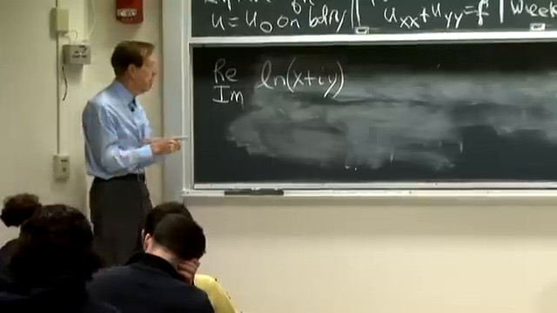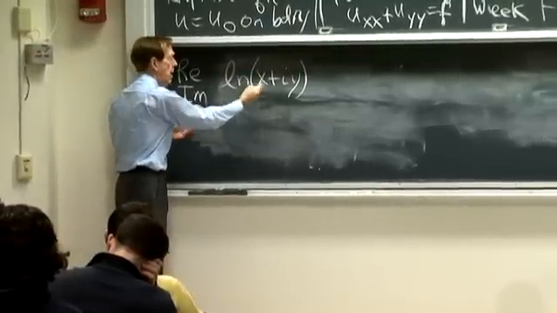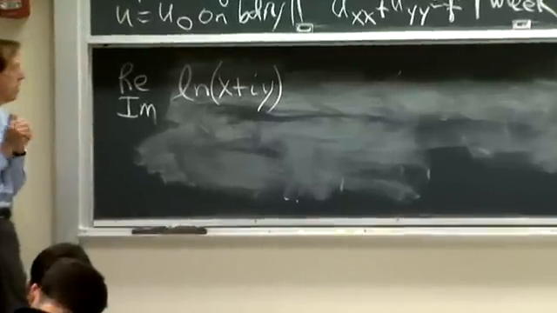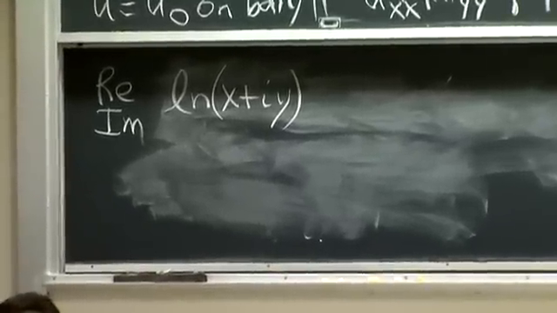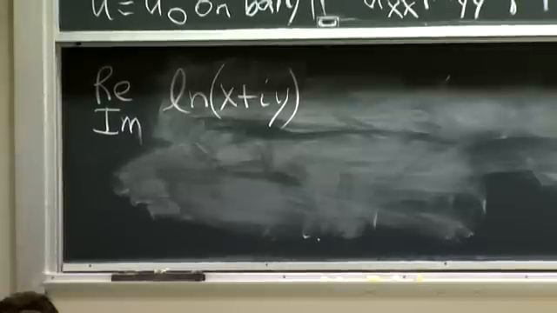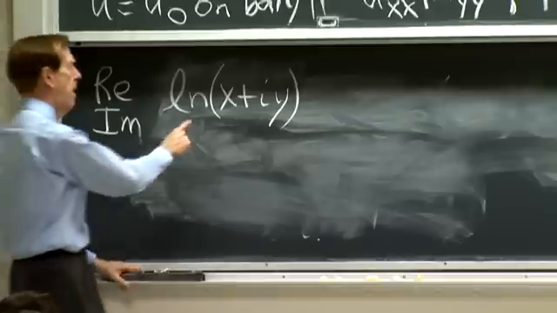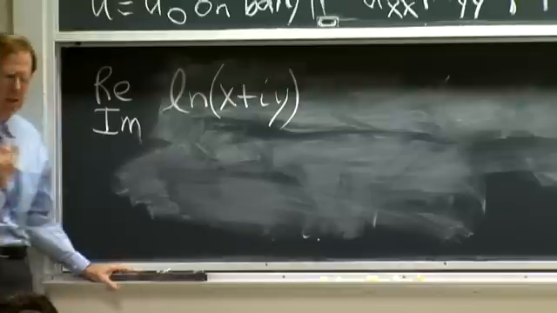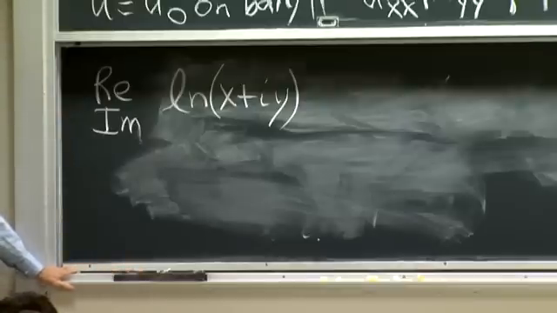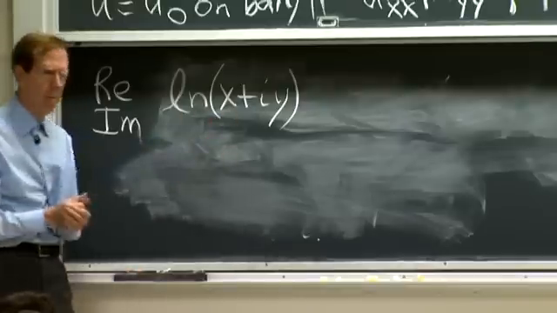But away from that point, we have a nice looking function, the logarithm of x plus iy, and now I'd like to get its real and imaginary parts. I'd like to know the u and the s. Now, but nobody in their right mind wants to take the logarithm of a sum, right? That's a very foolish thing to try to do, the log of a sum.